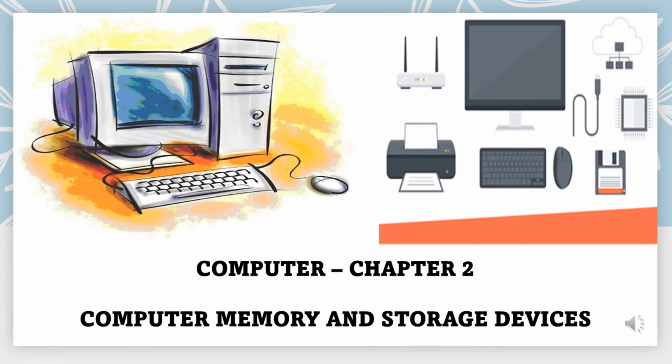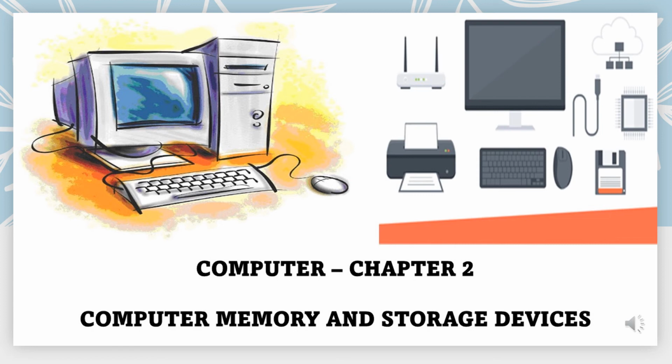So children, in the previous video, we started off with chapter 2 of computer, which is computer memory and storage devices. We studied what is data and what is information, saw some examples, and saw the relationship between input data, processing of data, and output information.